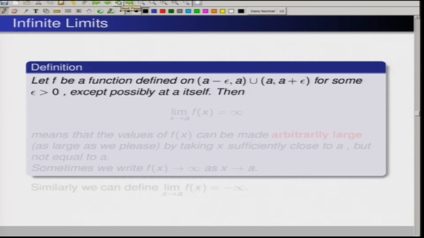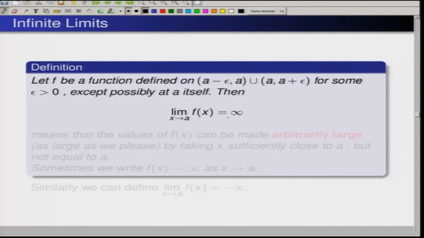Now it can happen, suppose we look at f of x equal to x. Whenever you go for large x, your f of x is going to be larger and larger. That means it is going towards infinity. So, we denote it as the limit of f of x as x goes to a is equal to infinity.